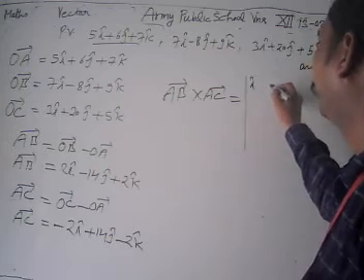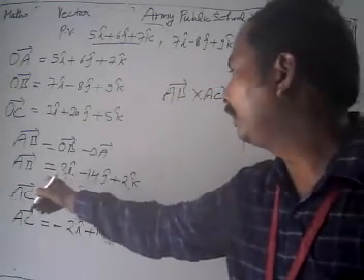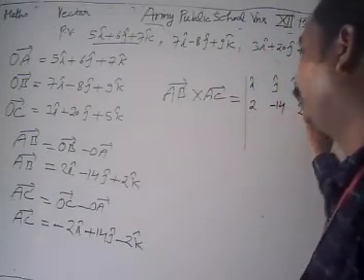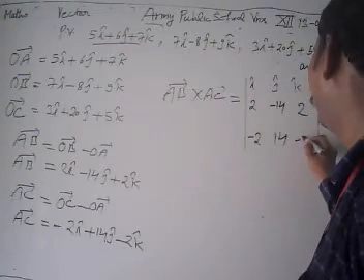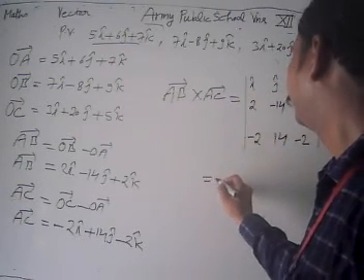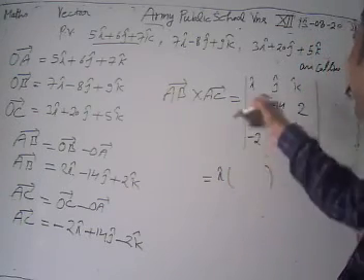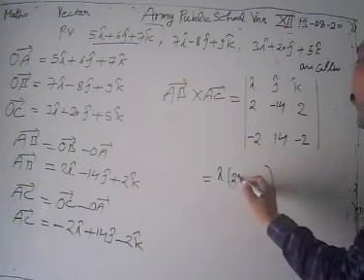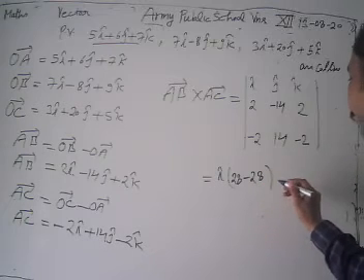How can we take it? I cap, J cap, K cap, then AB: 2, minus 14, 2, and AC: minus 2, 14 and minus 2. Now I cap: deleting the corresponding row and column, we have minus 14 times minus 2, we get 28, and then minus 28.